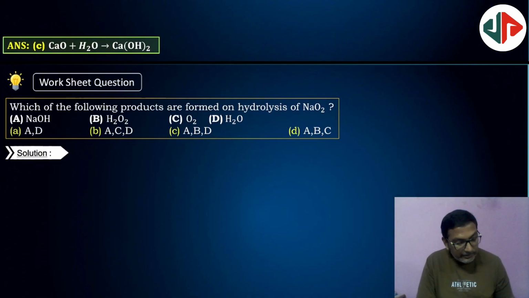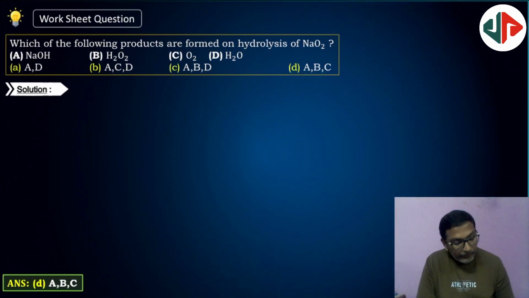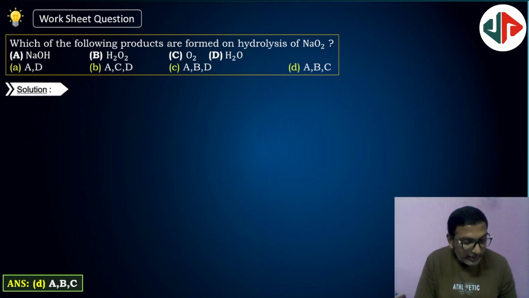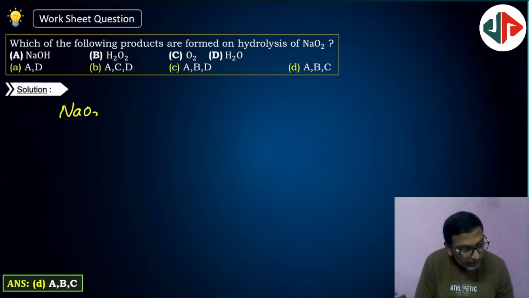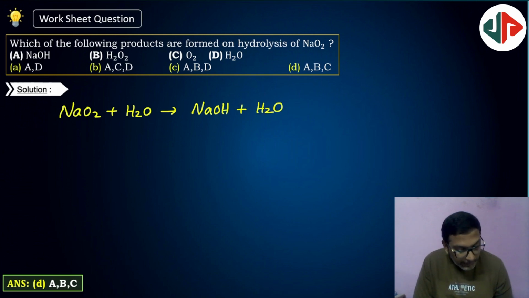Next. Which of the following products are formed on hydrolysis of NaO2? NaO2, we know, is a superoxide, and reacts with H2O to form NaOH, which is a strong base, plus H2O2 plus O2.